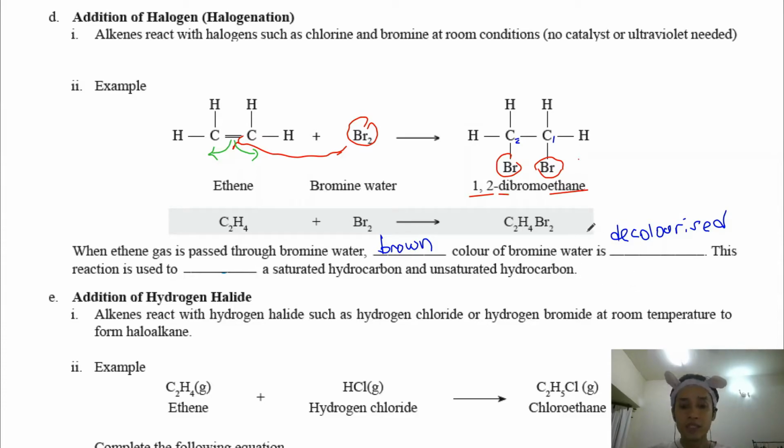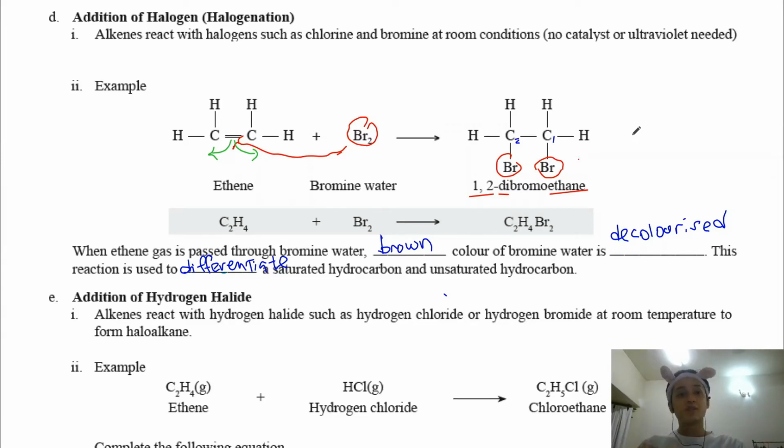This particular reaction can also be used to differentiate an alkene and alkane, because bromine water can only react with alkene. So if I have 2 test tubes, one test tube is added with alkane, another test tube is added with alkene.